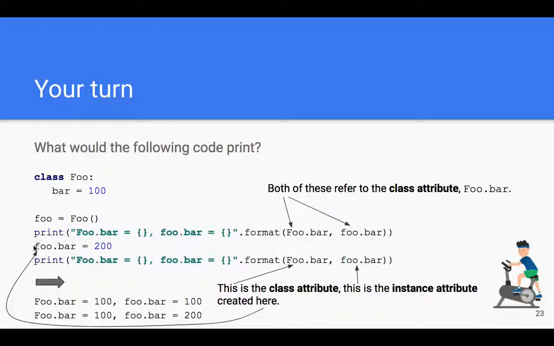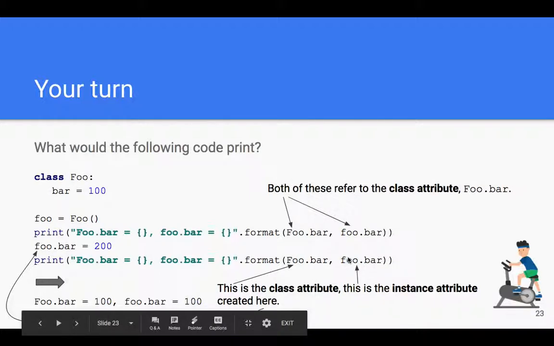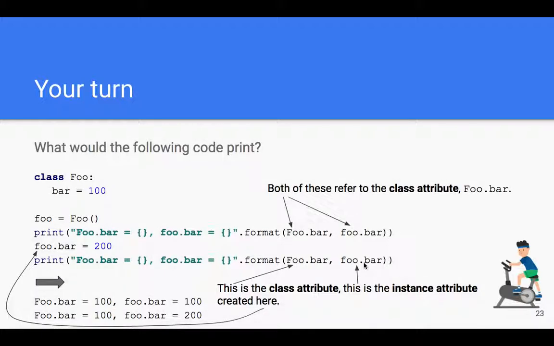However, when we run this line of code, we create an instance attribute bar in the instance foo. So when we come to this line of code, foo.bar has an instance attribute bar.